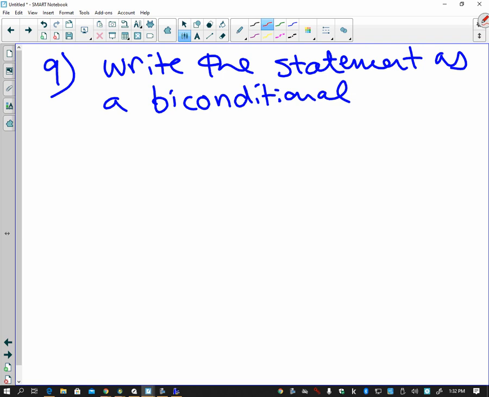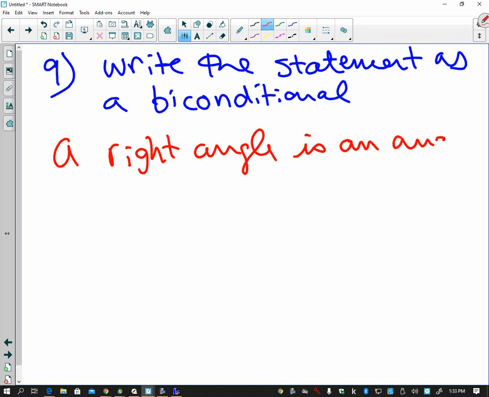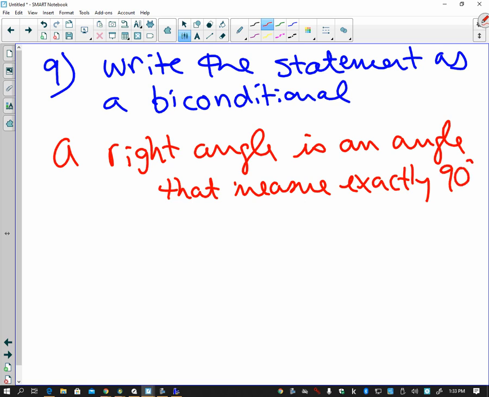Okay, so let's see. Give me a type of angle. Okay, so we would say a right angle is an angle that measures exactly 90 degrees.